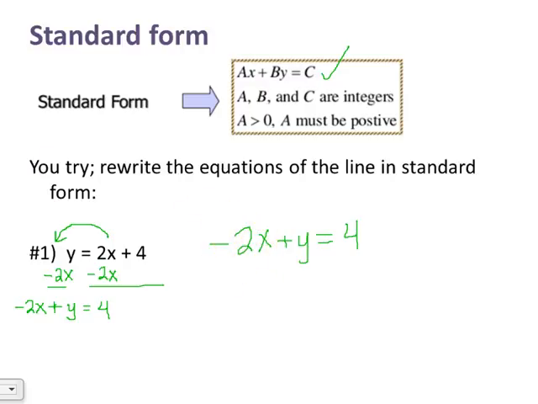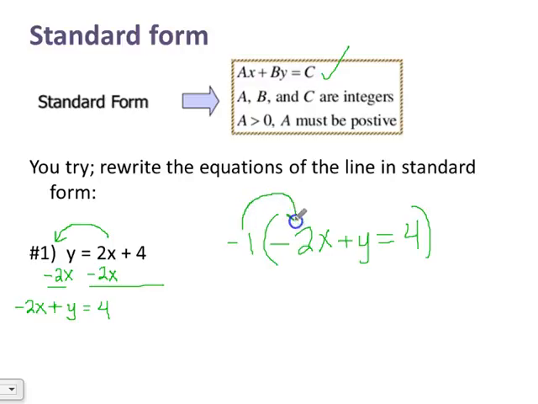We're going to take this entire equation and multiply it by -1. What's a -1 times a -2? A negative times a negative always gives me a positive. So -1 times -2 gives me a positive 2x. So I fixed it.